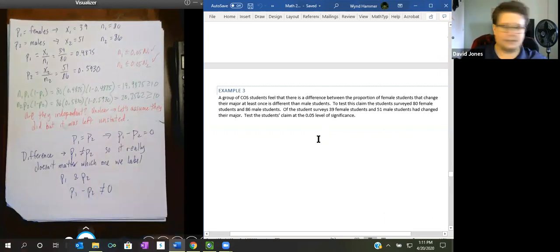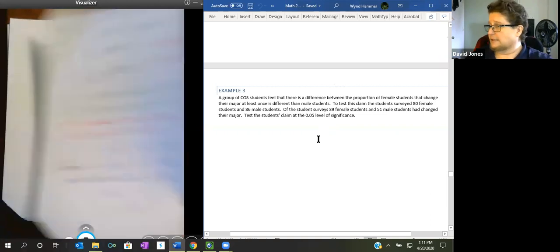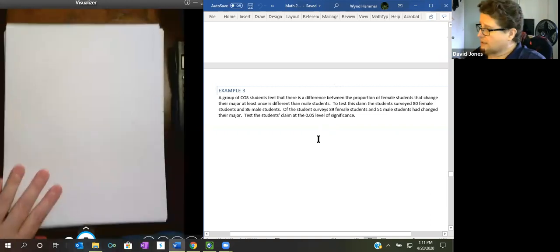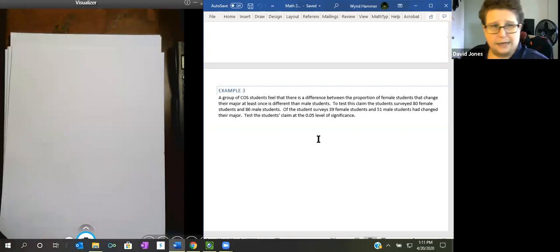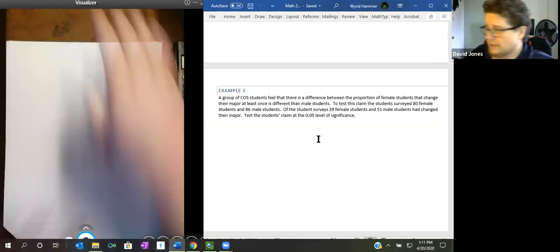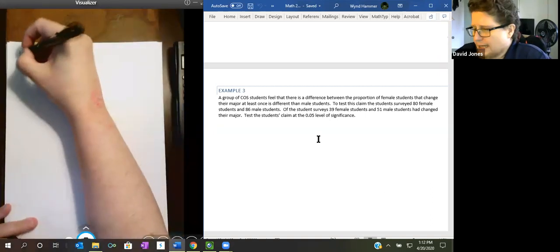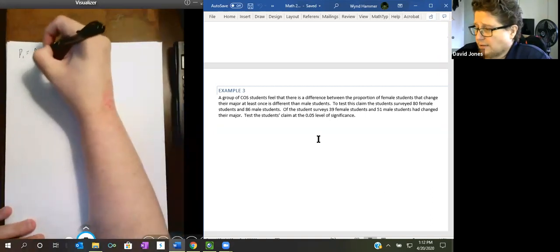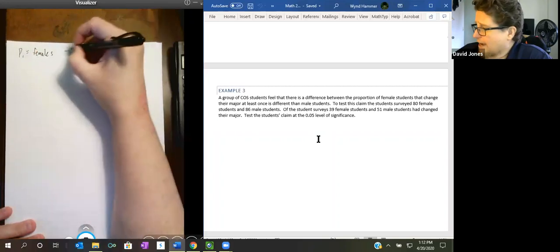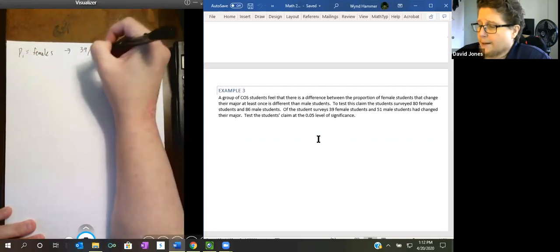So let's take a look at this. Let's do the test. Keep that data up where I can grab it. So what's our test? I'm going to keep P1 as females, which gave me 39 out of 80.